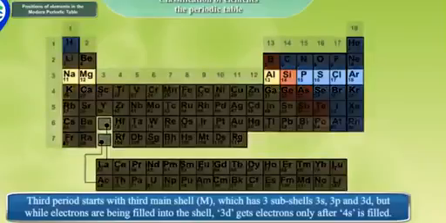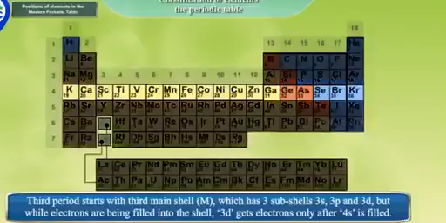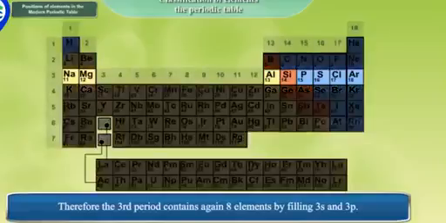The third period starts with the third main shell, M, which has 3 subshells, 3s, 3p and 3d, but while electrons are being filled into the shell, 3d gets electrons only after 4s is filled. Therefore, the third period contains again 8 elements by filling 3s and 3p.